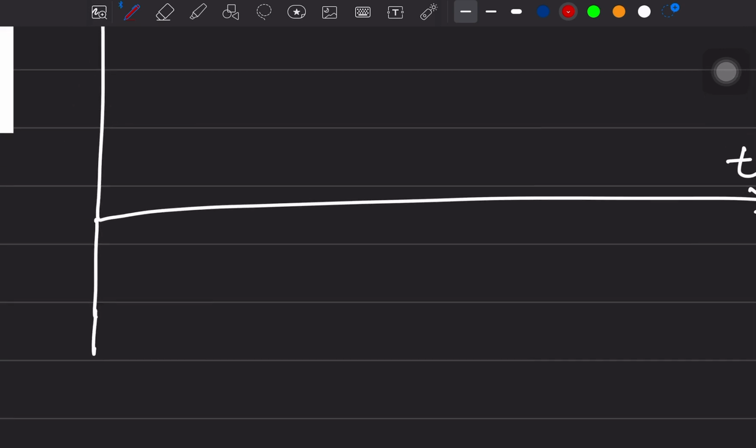As we add more heat, the temperature is going to increase at a constant rate.